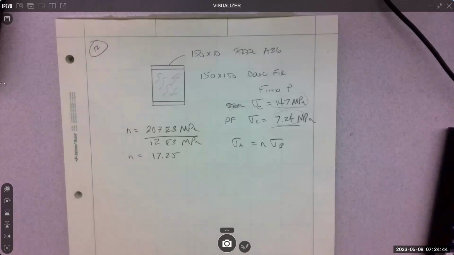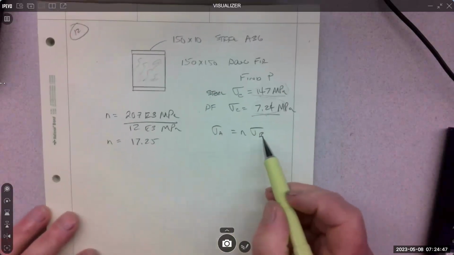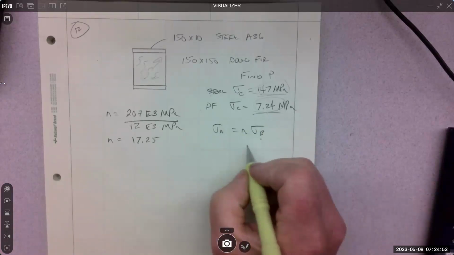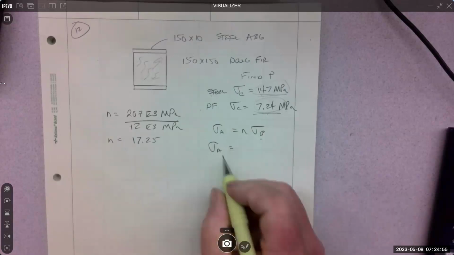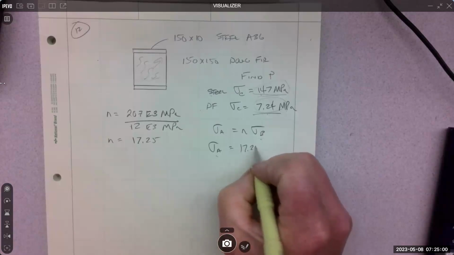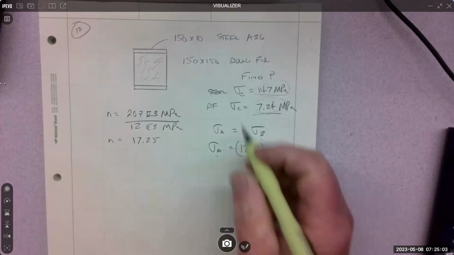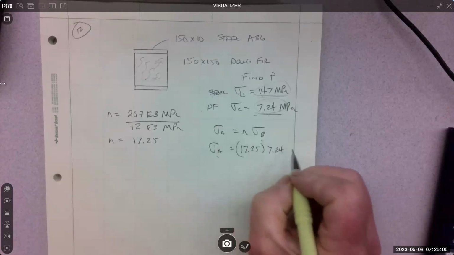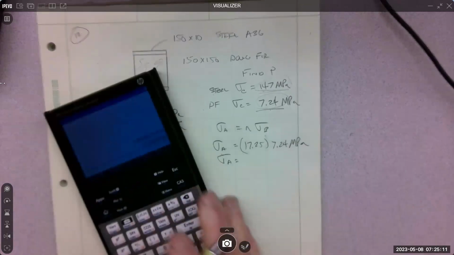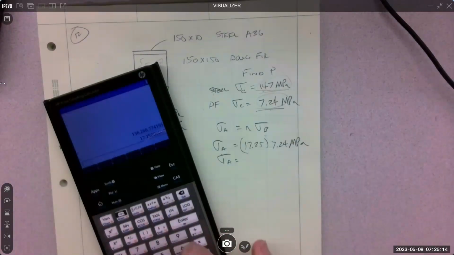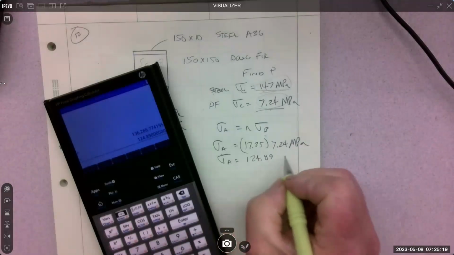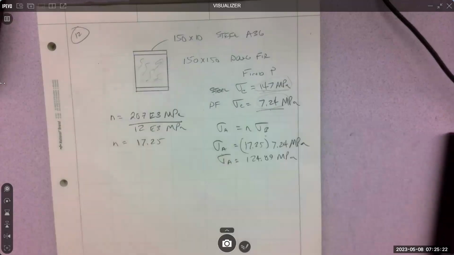So let's check it, right? Let's put in the control thinking, oh, Doug fir is weaker. This is going to be the control. And I'll calculate what that would drive the steel up to. So 17.25, stress in B is 7.24 megapascals. So that puts the stress of A at 124.89 megapascals.